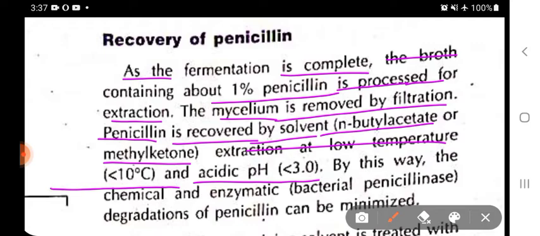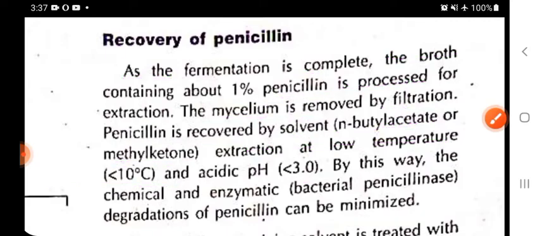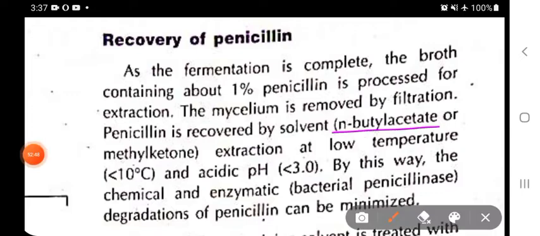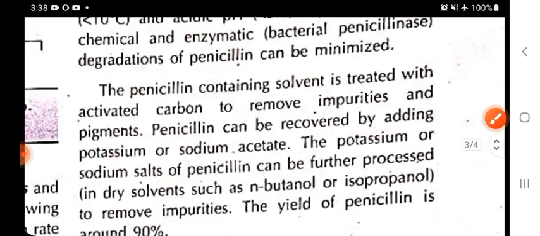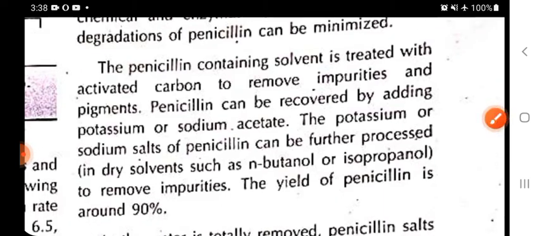To dissolve the penicillin so that we can maintain its stability against the penicillinase enzyme. Okay, that's why we use this solvent called N-butyl acetate or methyl ketone at low temperature and at acidic pH, that is less than 3. So in this way we can maintain the penicillin.